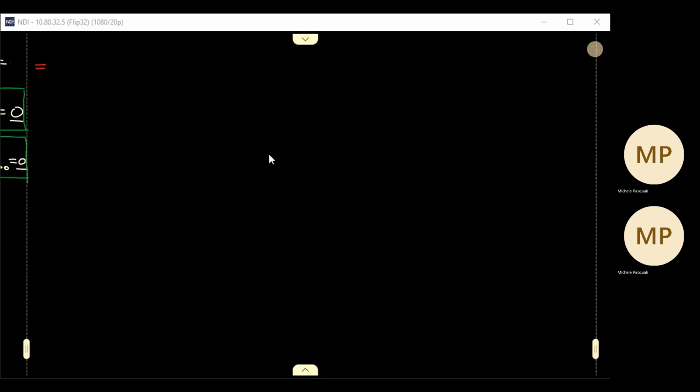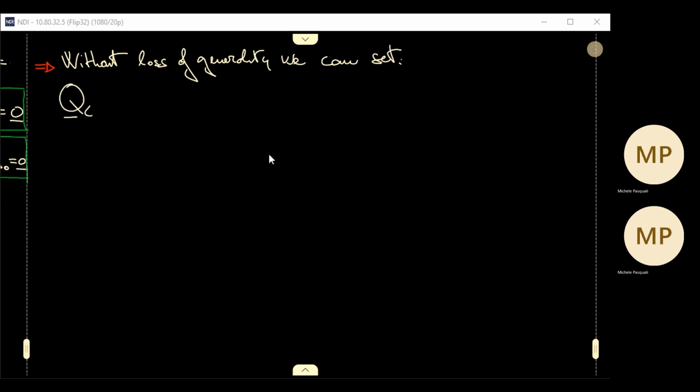So we say, without loss of generality, we can set that QC, the vector of contact forces, can be equal to minus, and this minus is only due to conventional reasons, CQ transpose, our Jacobian, applied over a vector lambda, which is called the vector of, have you ever encountered this?